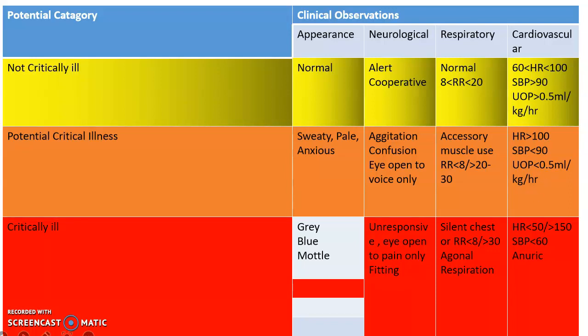Especially if the patient is anuric, or systolic BP is less than 60, remember, this is a very severe hypotension. If heart rate is greater than 150 or less than 50, severe bradycardia or severe tachycardia, these are critically ill patients.